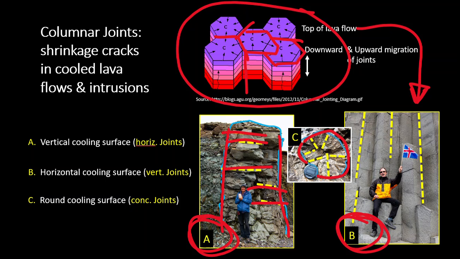And so in C, we have a round cooling surface. And the rule of thumb is that the columnar joints, the shrinkage cracks, always develop at a 90-degree angle to the cooling surface. And so in C, because the cooling surface is round, the joints form like spokes of a wheel.